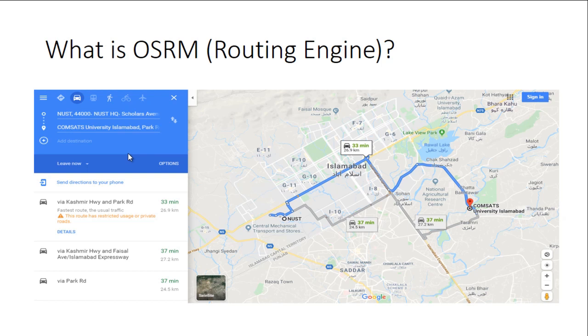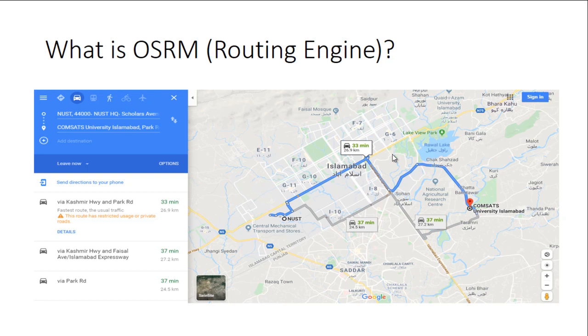Google Direction API, when you pick up a location and a drop location, for example, I want to travel from NUS University to ComSats, gives the attributes we get on the map: the ETA, estimated time of arrival, distance, shortest possible route. All these features are provided by the Google Direction API and Google Distance Matrix API.